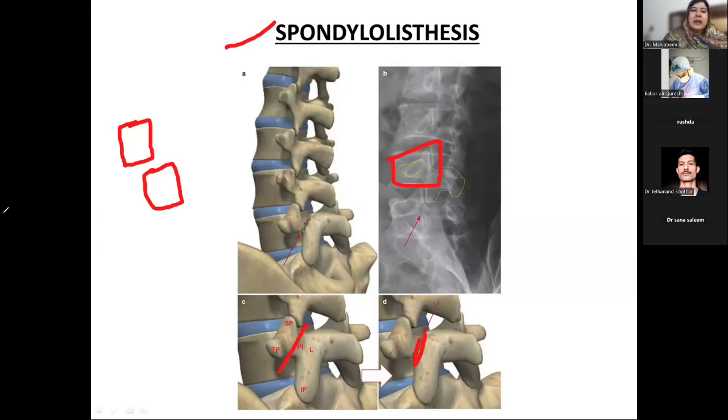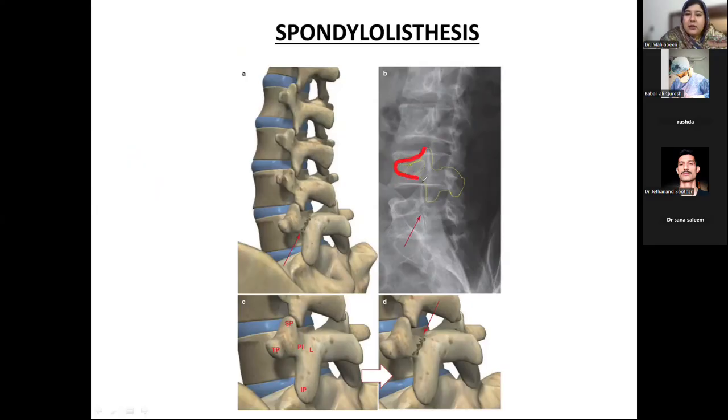Now, how is it identified? It is identified on the lateral or oblique X-ray of the lumbosacral spine. There is an appearance of a dog. Okay, this is known as the Scotty dog appearance.